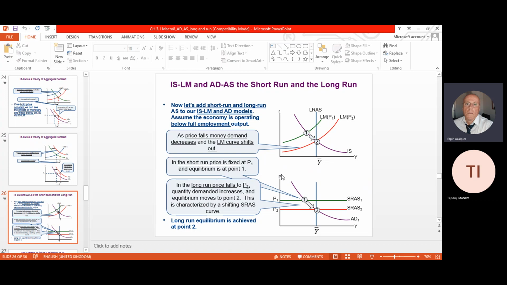As in the upper part, the LM curve moves and enlarges to the right side. In the short run, the price is fixed at P1 and the equilibrium is at point 1, because the price is supposed to be fixed now.